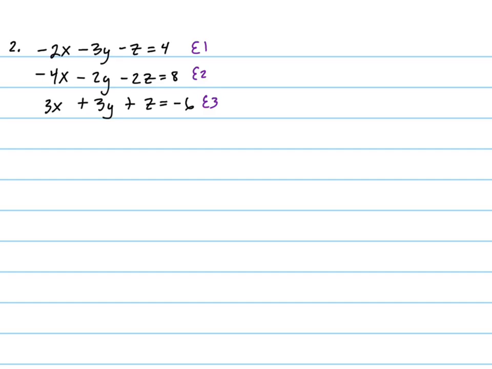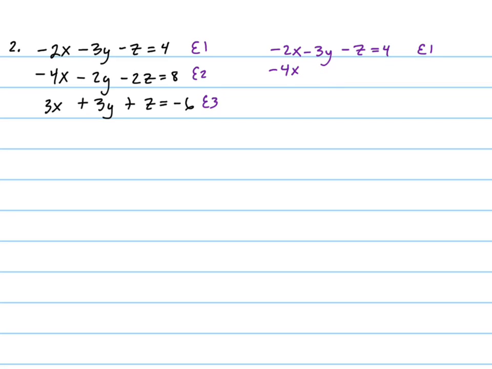And I'm looking at equation 1 and 3. Whoops. So I'm going to go ahead and write equation 1. So that's equation 1. And this is equation 2. Or no, I didn't want to do that.